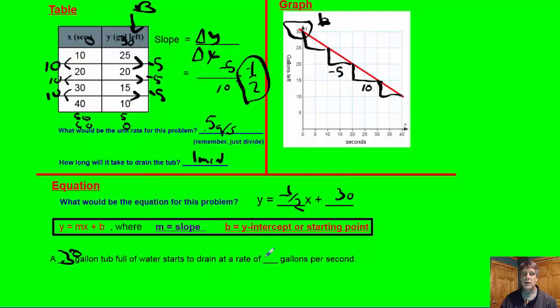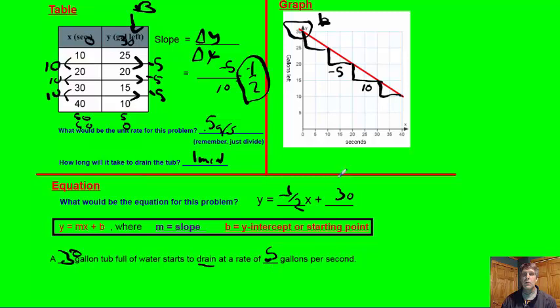And the drain is actually the negative here. When it drains out, that's the negative. Drains at a rate of 1/2 gallon or 0.5 gallons per second. That's what the word problem would say. That represents all of these together.